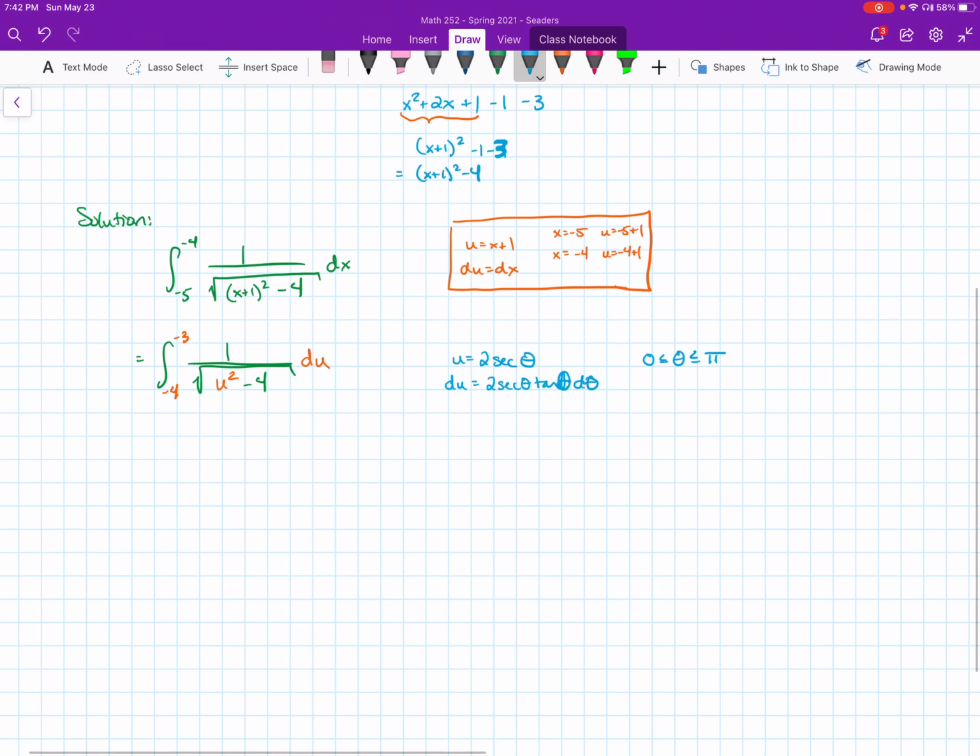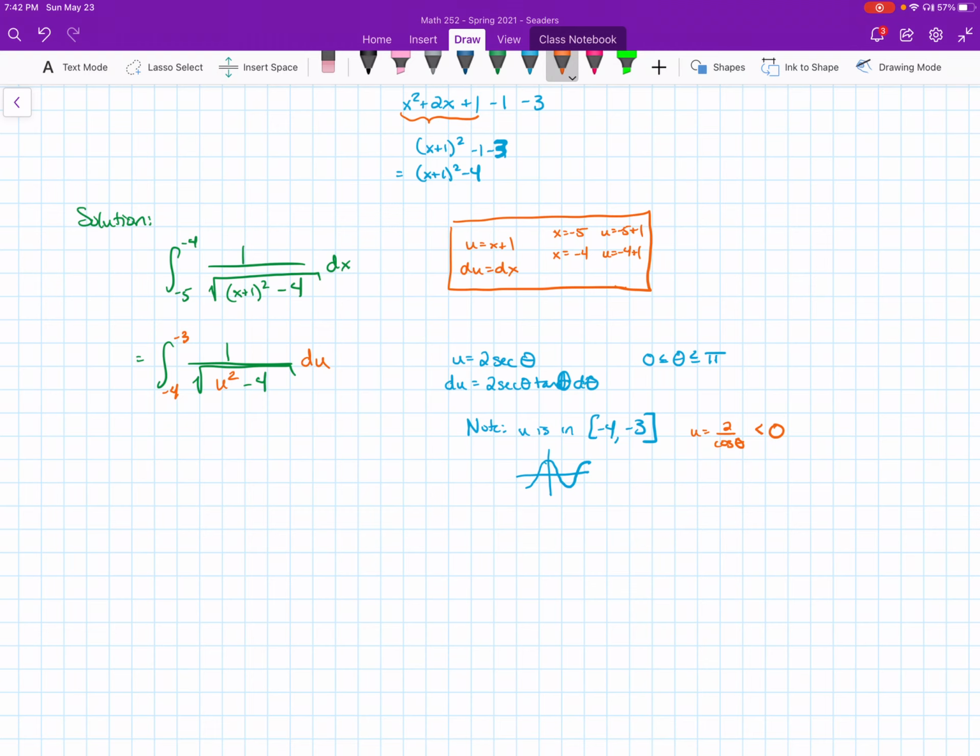Something to notice is that u goes from negative 4 to negative 3. Secant is 1 over cosine, so when I look at cosine, u is 2 secant theta, or 2 over cosine theta, and that is negative.